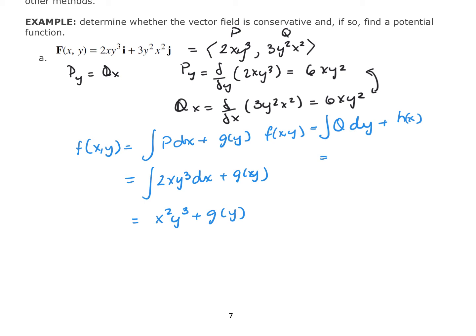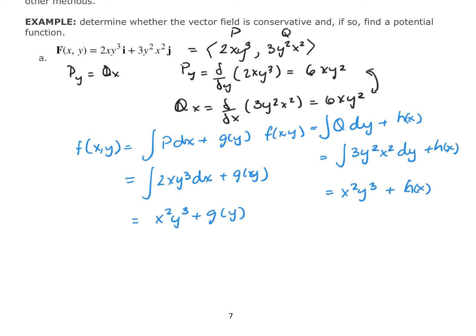I'm going to do this integration, so I'm going to integrate my q, which happens to be 3y squared x squared dy, plus h of x, which is also going to give me x squared y cubed plus h of x.